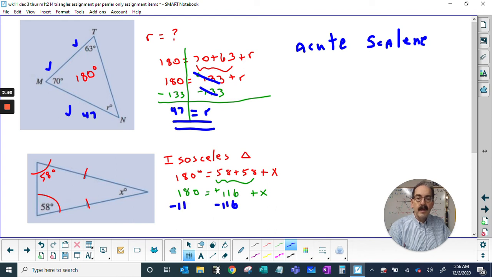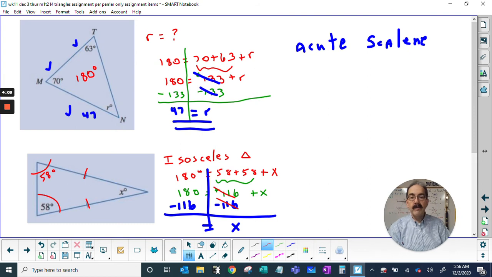Remember, we're just a giant balance beam. I'm an equal sign. Got to get rid of the 116, boom, but I have to do it to both sides. Draw our line, grab a calculator if you need. We accomplished our goal. 116 minus 116 goes away, poof. And we get 64 degrees.